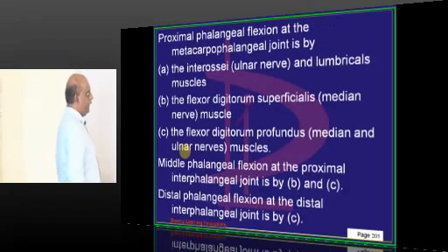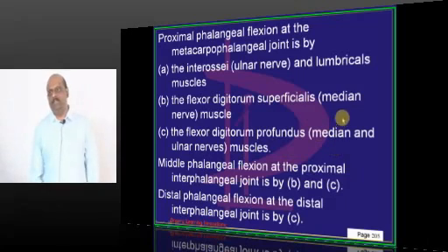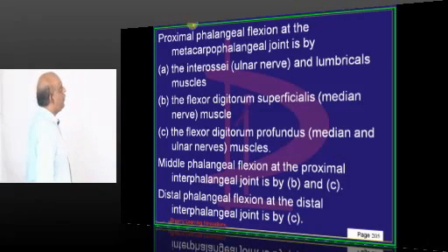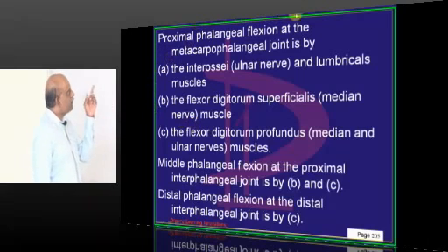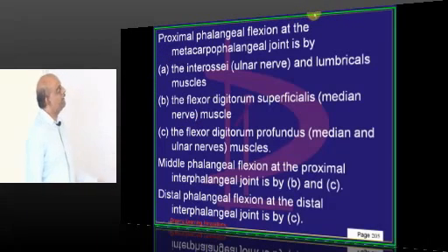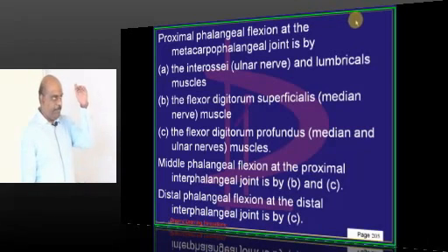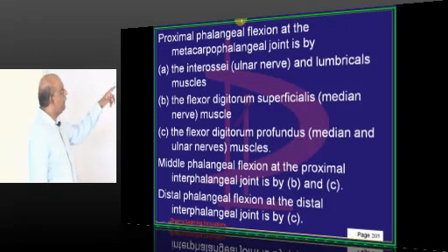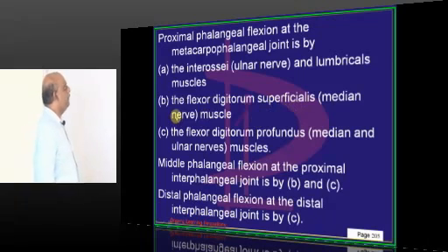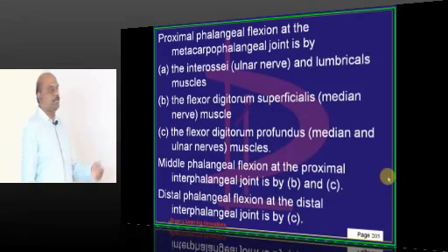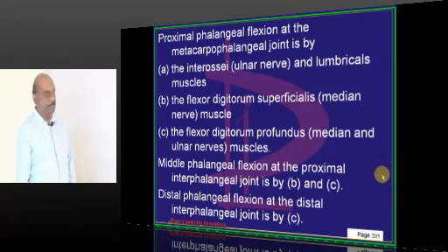So that's how we have the metacarpophalangeal, proximal interphalangeal and distal interphalangeal joints. Now, if you look at flexion, there are 3 things involved. The interossei and lumbricals help in proximal phalangeal flexion at the metacarpophalangeal joint. Flexion at the metacarpophalangeal joint is caused by interossei, flexor digitorum superficialis supplied by the median nerve, and the flexor digitorum profundus, by both the median and ulnar nerves.